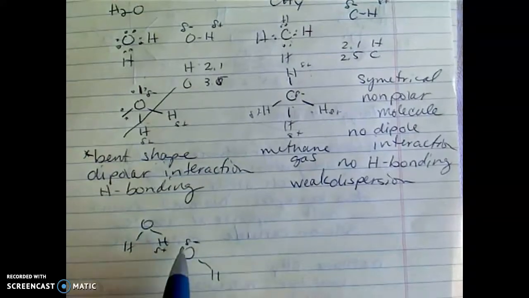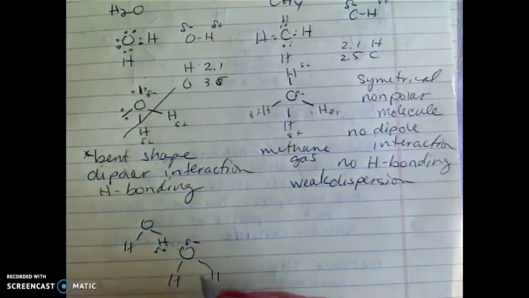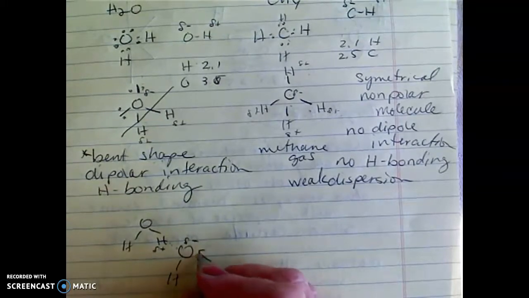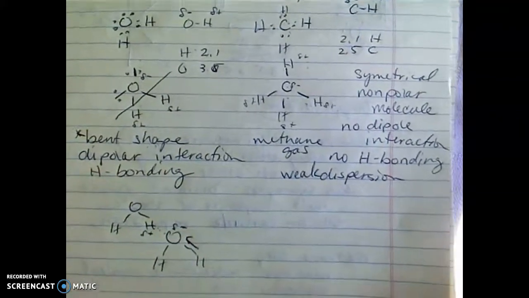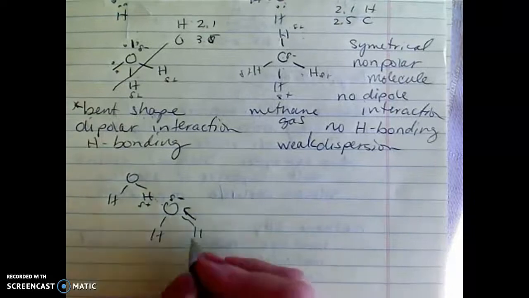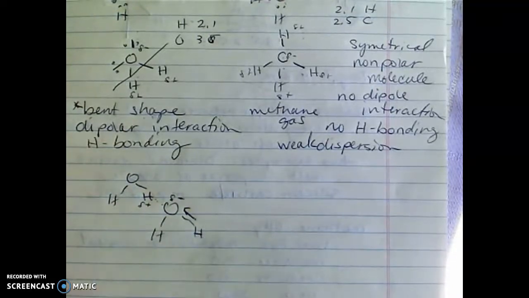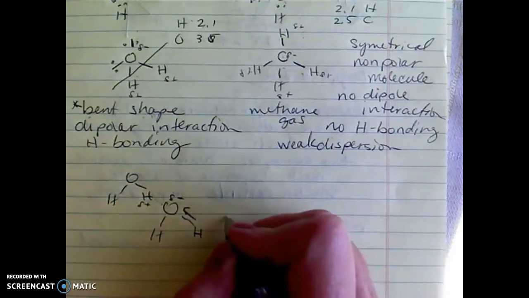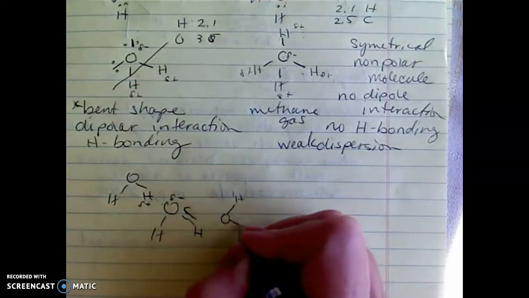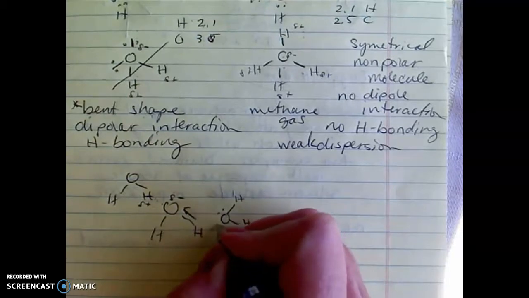So you're going to see these attract by charge. Or remember, with the electronegativity difference, your oxygen is pulling those electrons away from the hydrogen, making the hydrogen feel like it doesn't have any electrons. And so when another water molecule comes in, remember we've got these lone pairs.